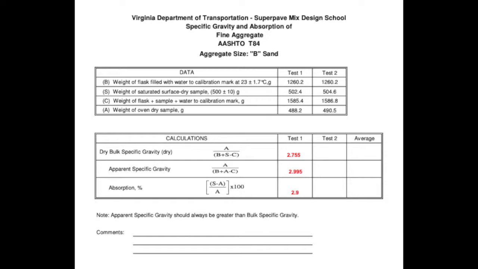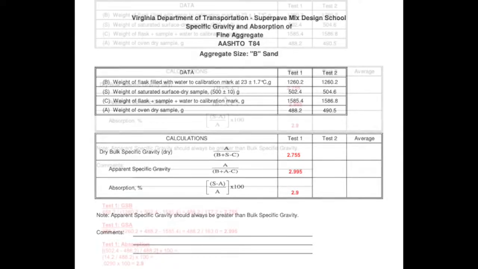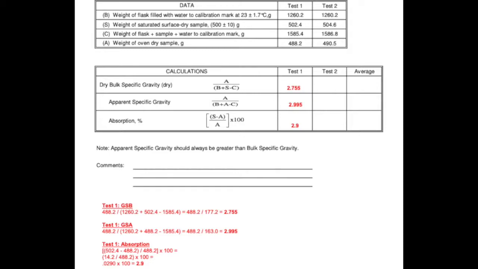So on test number 1, we will calculate the dry bulk specific gravity, our GSB, using the values supplied above. It's going to be A divided by B plus S minus C, which will yield us a 2.755.